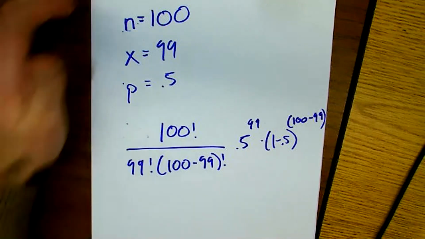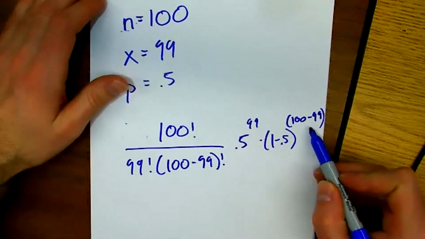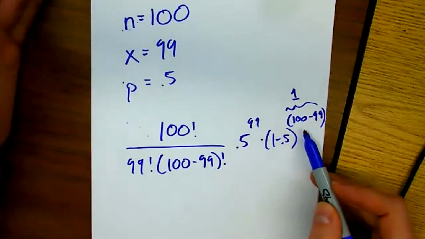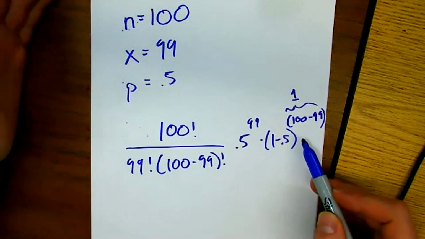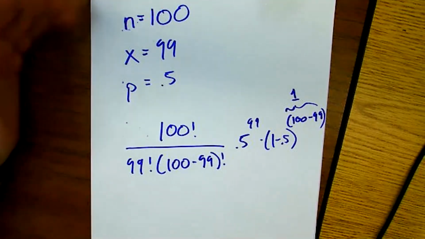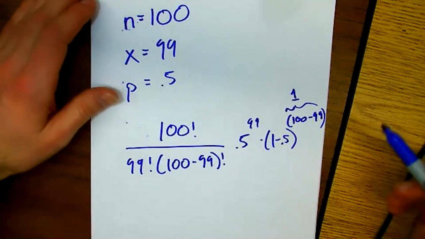This might look a little daunting, but it's actually pretty easy. What's 100 minus 99? Yeah, just 1. So don't enter it into your calculator like this. You can do this math in your head, since anything to the 1 power is just the number that it is. So this becomes a lot easier.